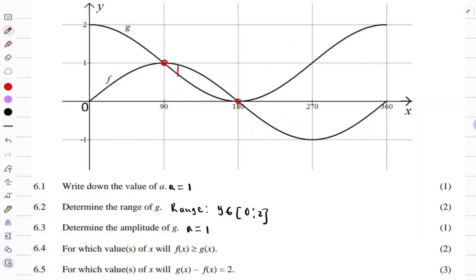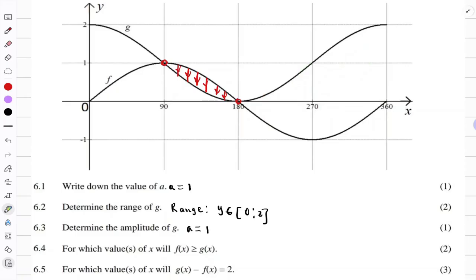F of x is above g of x. In other words, f of x is greater than g of x. And then once the two graphs pass 180 degrees, we can see again g of x is above f of x.